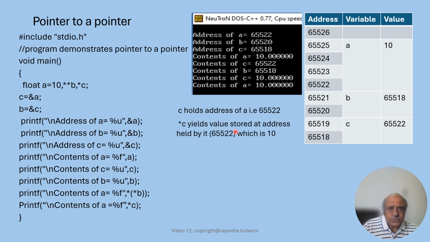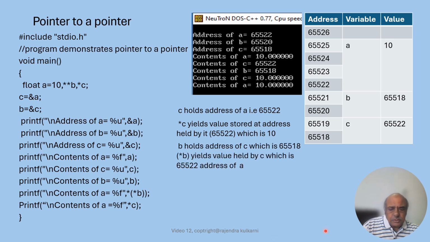Here c is holding the address 65522, so star c will give us the value stored at 65522, which happens to be the value assigned to a, and which is 10. b holds the address of c, and star b yields the value held by c, which is 65522, that is the address of a, and star star b will give us the value 10 stored in a.